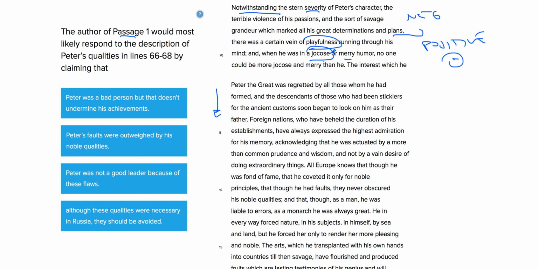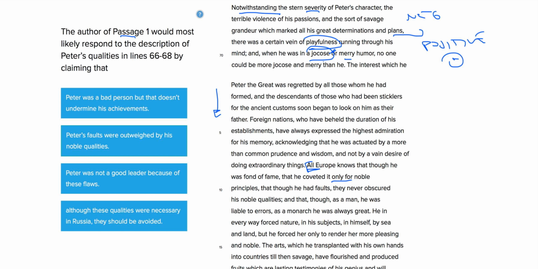Now let's look back in passage 1 for any direct evidence. The most helpful part of passage 1 for answering this is found in lines 8 through 12. If we start over here with "all Europe knows that though he was fond of fame," so he liked fame, "that he coveted it only for noble principles."